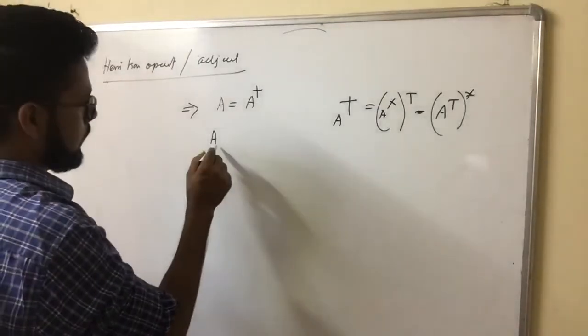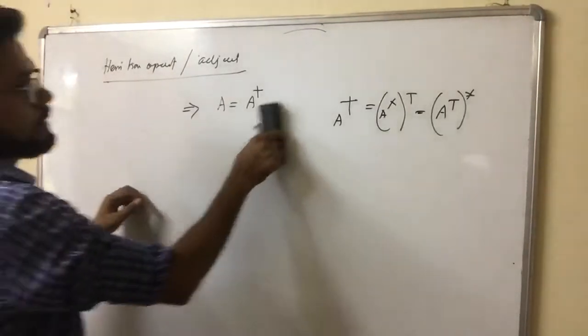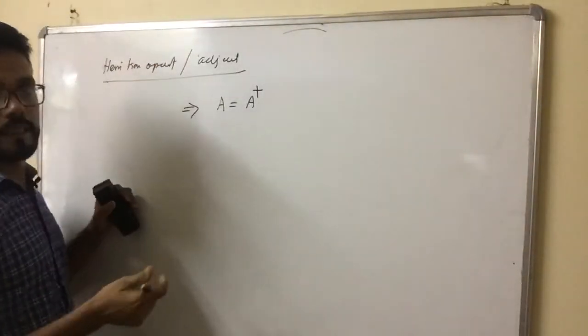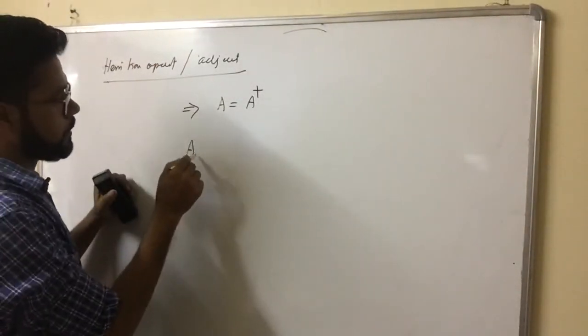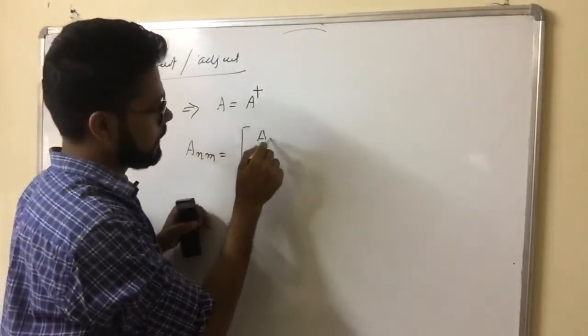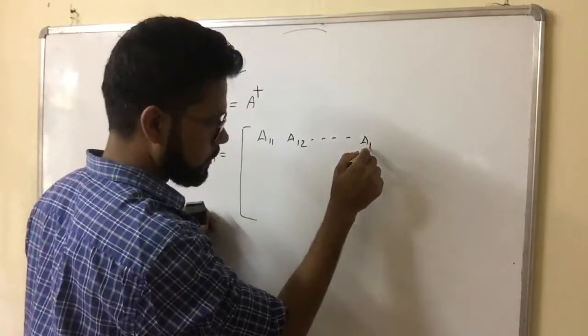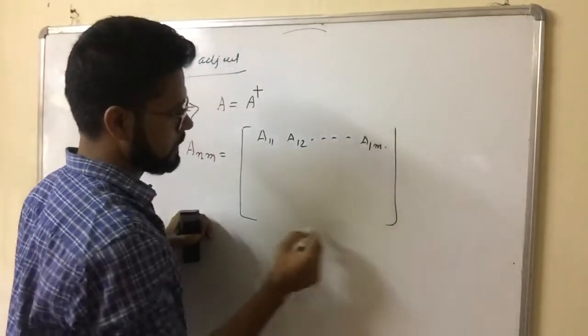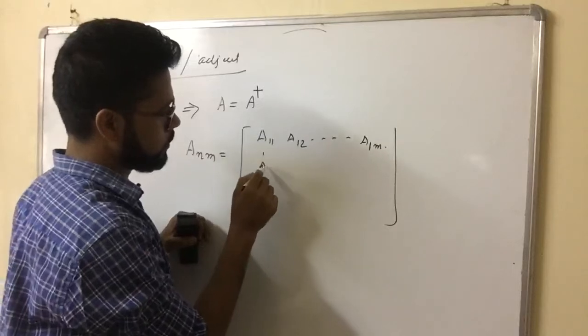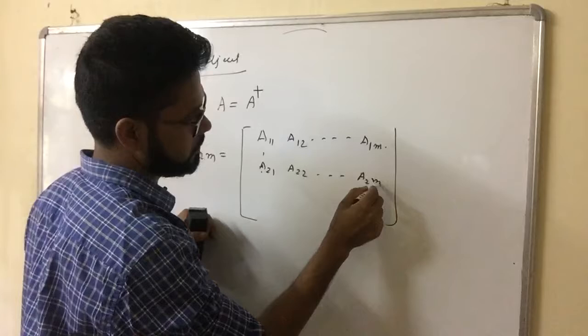So this part I will discuss later also. Suppose in matrix form A_nm, I am always writing A11, A12, dot dot dot, A1M. Clear? Similarly, A21, A22, dot dot, A2M.